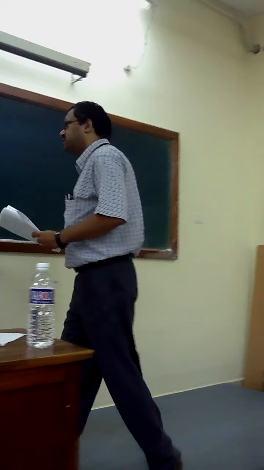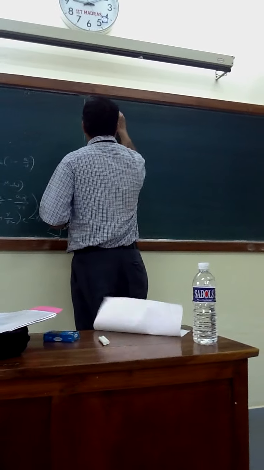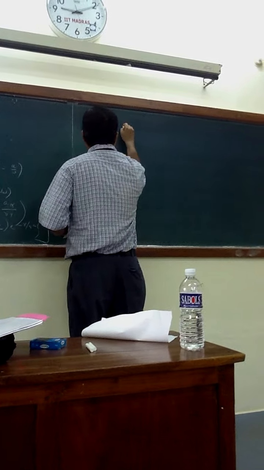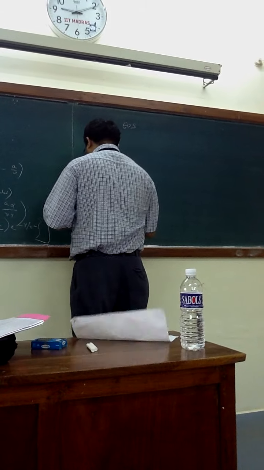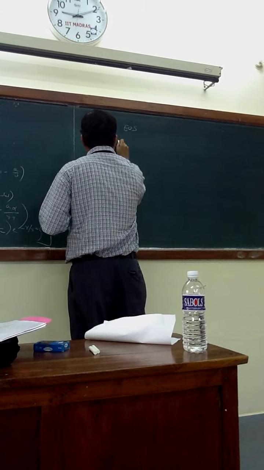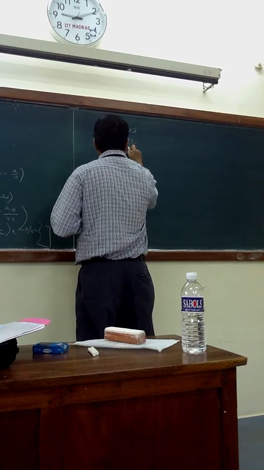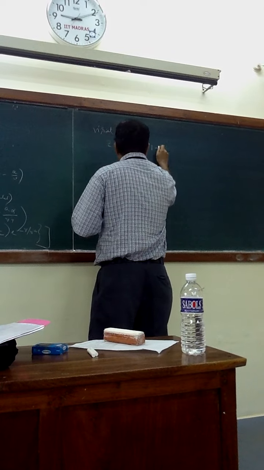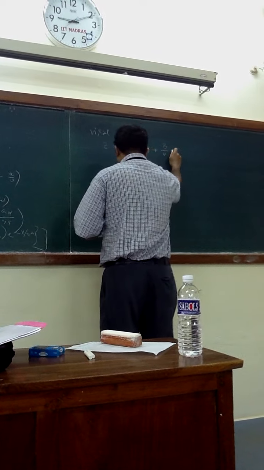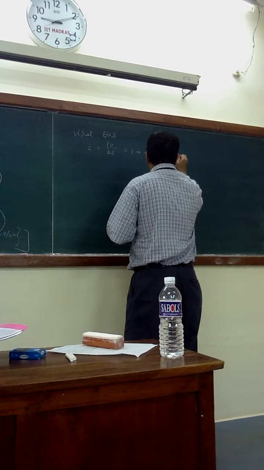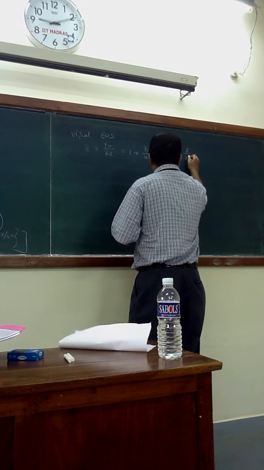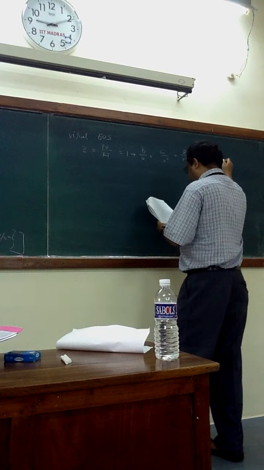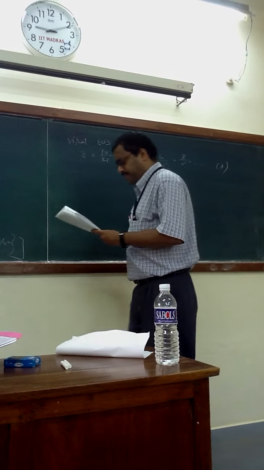These forms are called the virial equation of state, virial EOS, where Z, we define as PV by RT, which is 1 plus B by V plus C by V squared plus D by V cube, see equation number A.